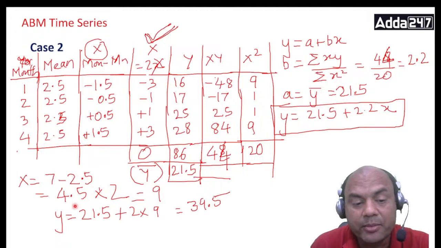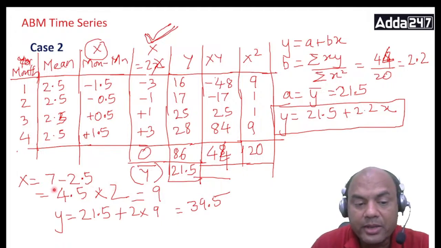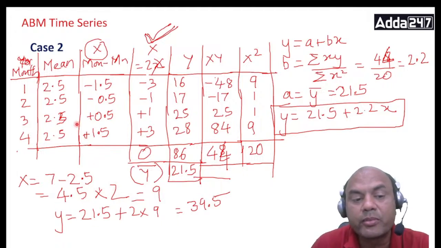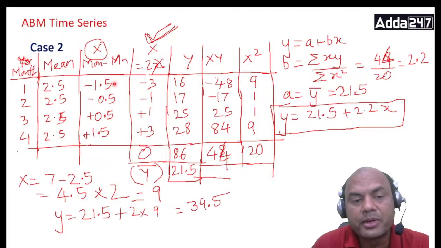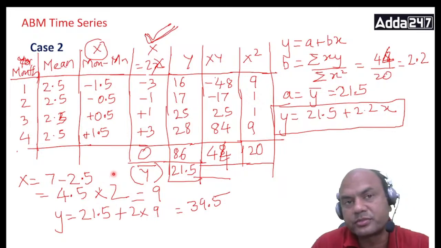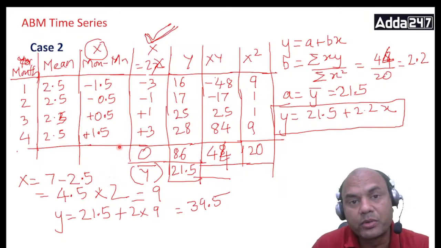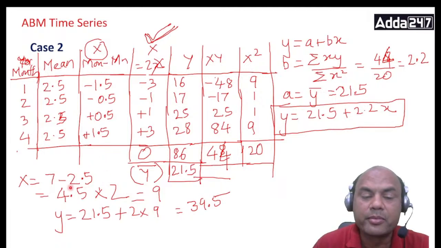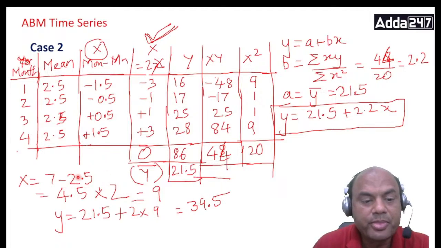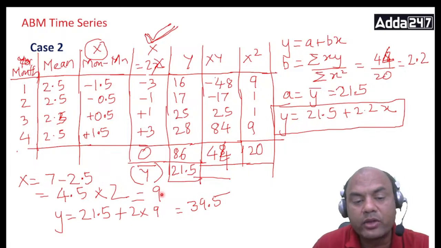Don't forget this step. Why? Because you have multiplied it earlier. Whatever you have done for the earlier numbers, do the same for this number also. Even in the earlier problem, I told you the same. Whatever you do to others, do it for the required number also. So 4.5 into 2, you get 9.